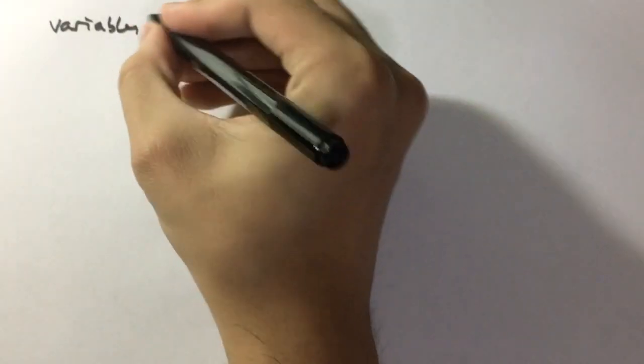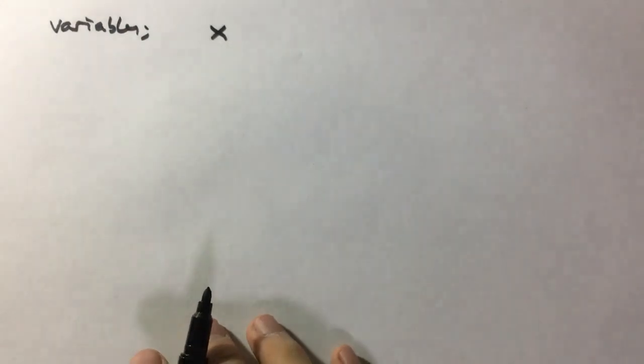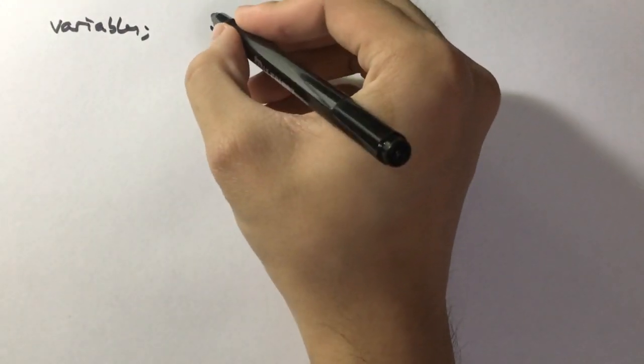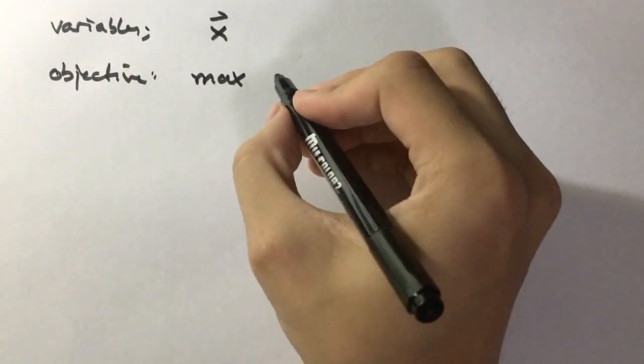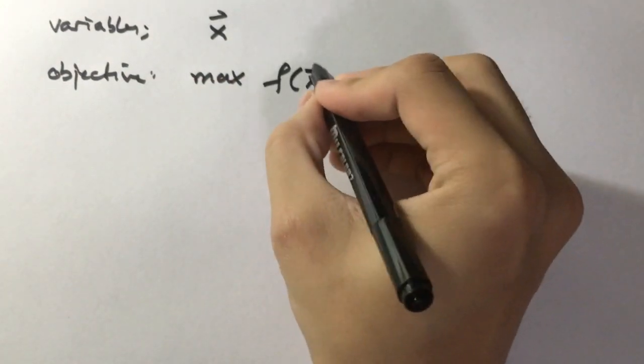So what does a general optimization problem look like? Well, again, you'll have some variables first. Just for simplicity, let's suppose you only have one variable. Maybe you can have multiple variables, and then you can express it as a vector, for example. The objective can just be, in this case, suppose you want to maximize some function of x, right?